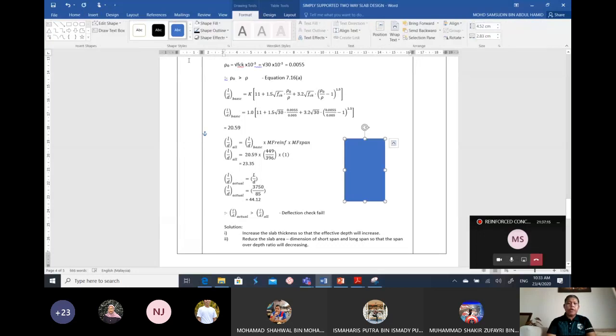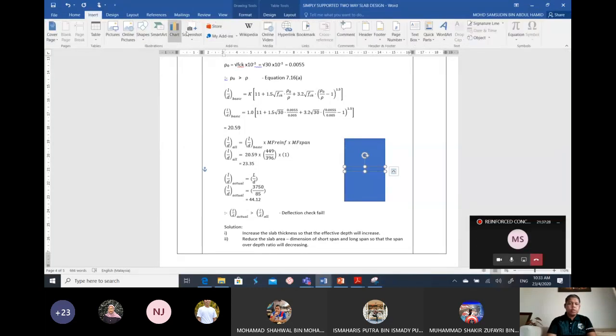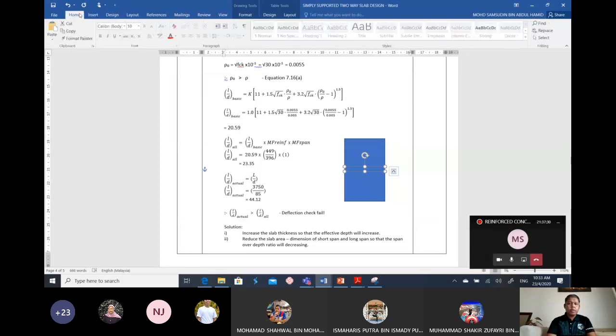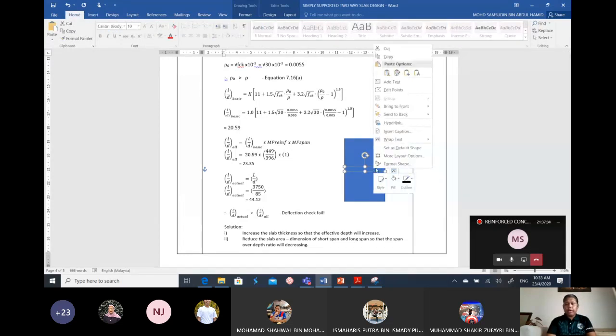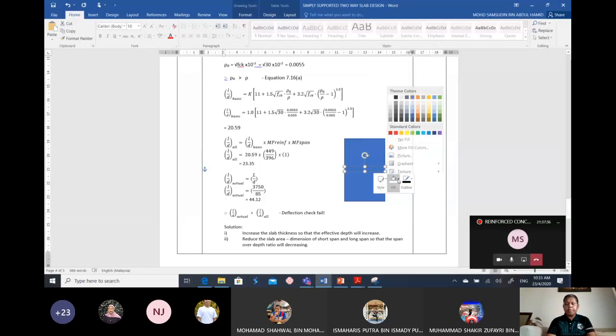From this slab, we can divide it into 2 sections here. So we have already reduced the slab area.